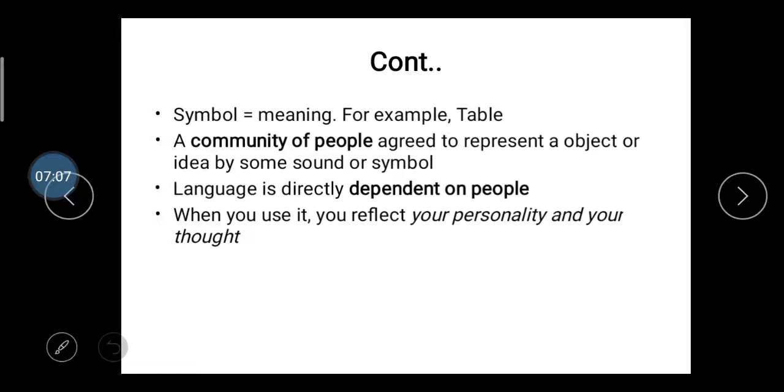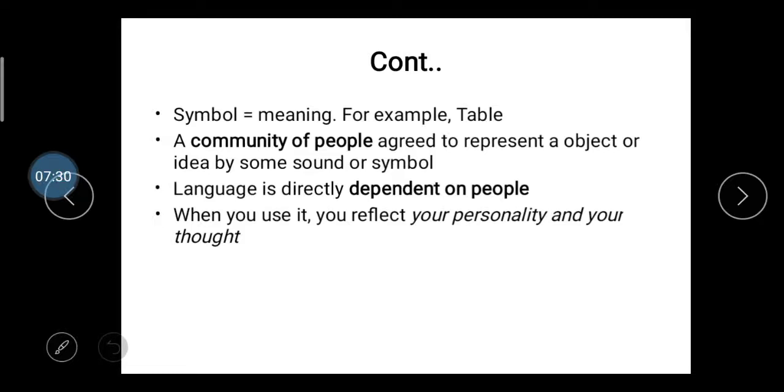Take the biggest example of our country's personality, our Prime Minister Sir Narendra Modi. Whenever Narendra Modi is trying to communicate with the public, the language used by him is very important.